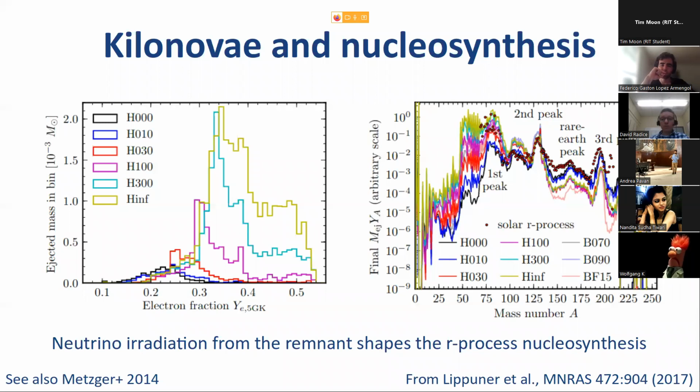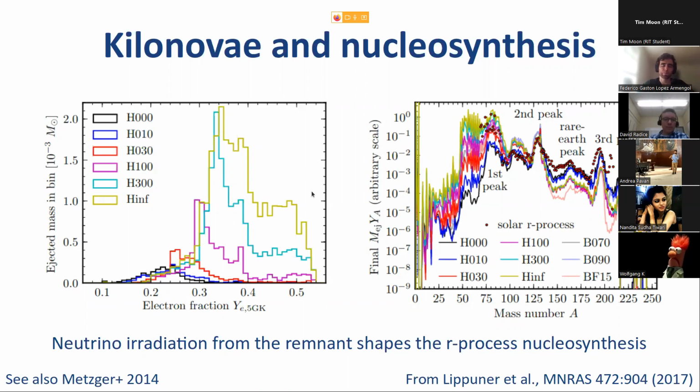We can hope to say something about the fate of binary neutron star mergers by looking at their electromagnetic counterpart. And here an idea that has been around for a number of years, first proposed by Brian Metzger, is to look at the composition of the ejecta. Because it turns out that if the massive neutron star produced in the merger survives for a very long time, this will irradiate the ejecta and change their composition, as predicted in these simulations from Lippuner and collaborators.